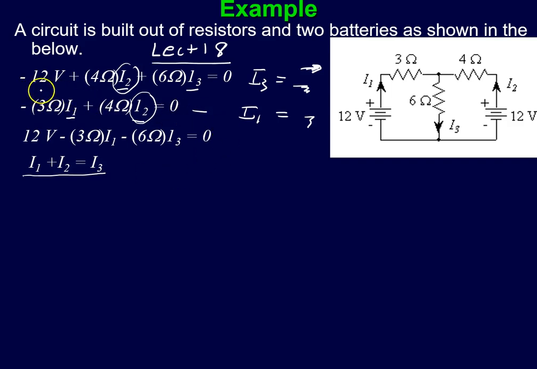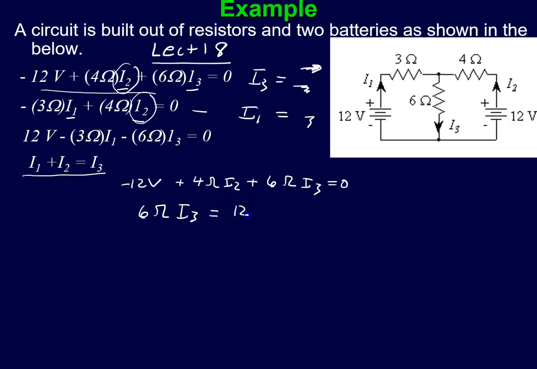So let's take this first equation right here. I start out with negative 12 volts plus 4 ohms I2 plus 6 ohms I3 equals 0. I'm going to get I3 on one side, so 6 ohms I3, and I bring the two other terms to the other side.